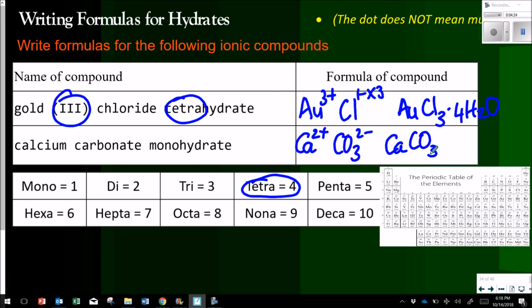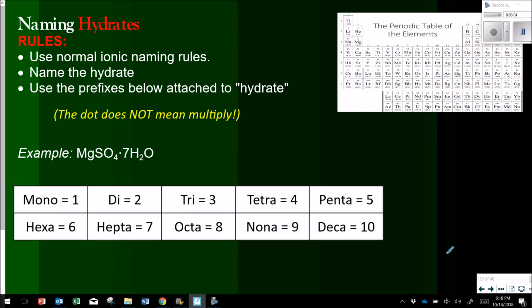Now we have monohydrate, so dot H2O. Note here that the 1 is assumed, so I did not put dot 1 H2O. On the other hand, when you have one water molecule bound to the anionic crystal, you have to write the word mono. Let's look at how to write the name from the formula.